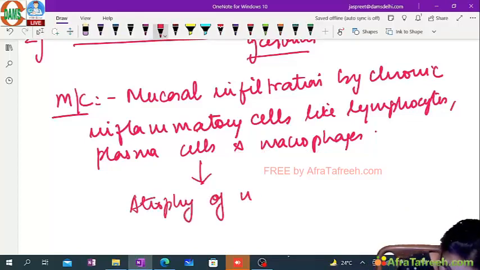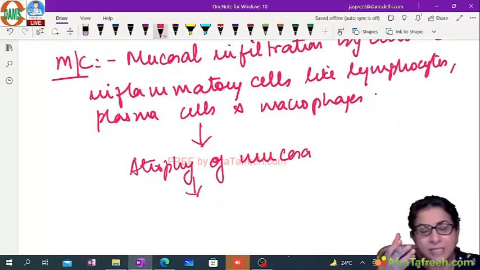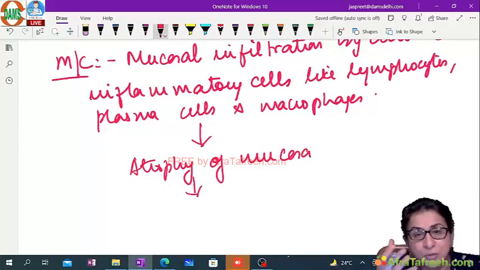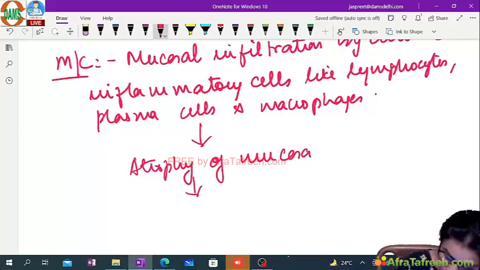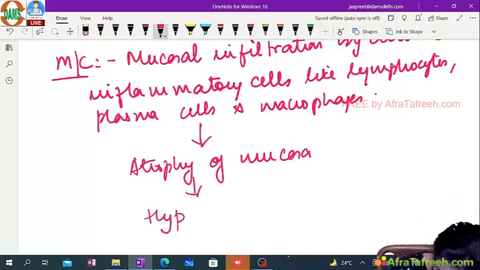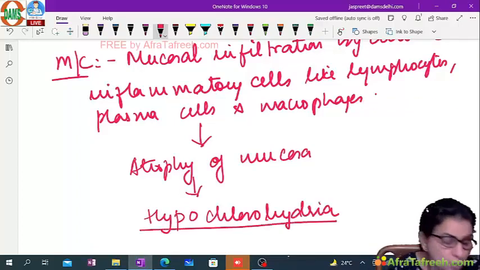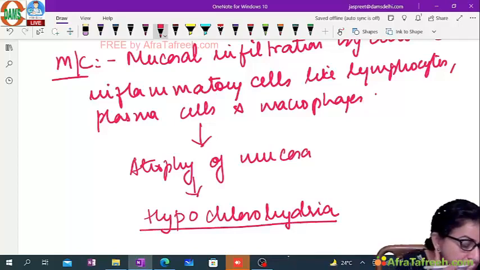Now when the mucosa gets atrophied, the parietal cells and the other cells will reduce. So less acid will be produced. So this leads to hypochlorhydria, decreased acid production.